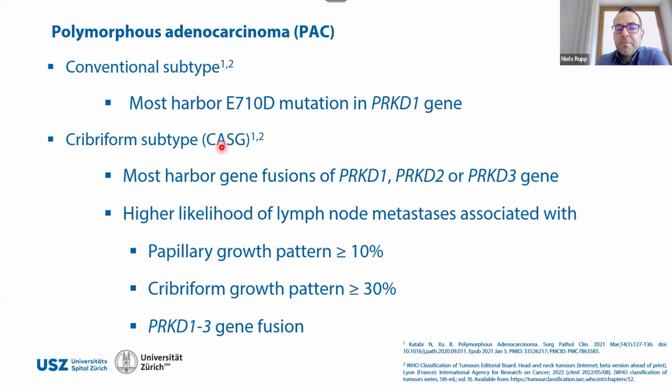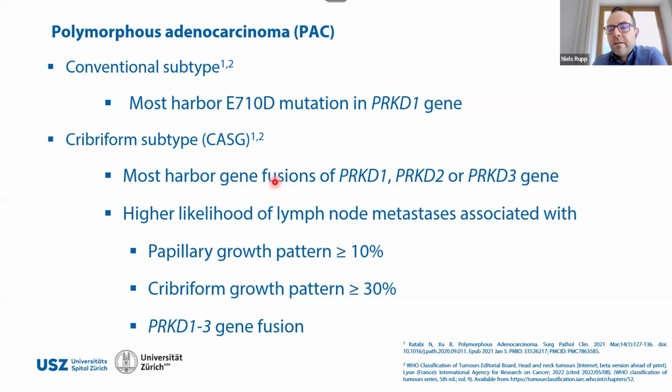And in the cribriform subtype, most cases show gene fusions of the PRKD1, 2, or 3 gene. So covering these genes can help to corroborate the diagnosis. Most often, the conventional subtypes show the point mutation, and the cribriform subtypes show gene fusion.